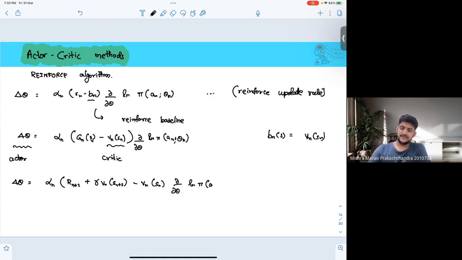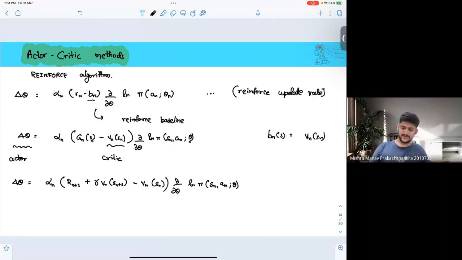Okay, here your policy pi should have the state also. It's Sn, An parameterized on theta n. The bracket gets closed here.